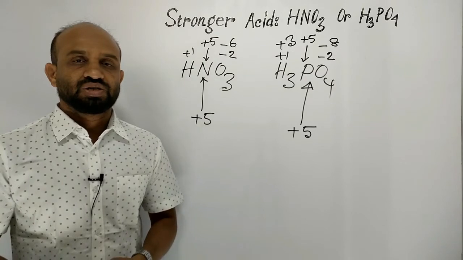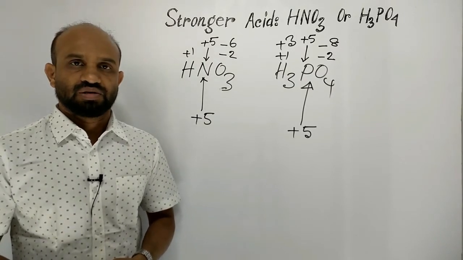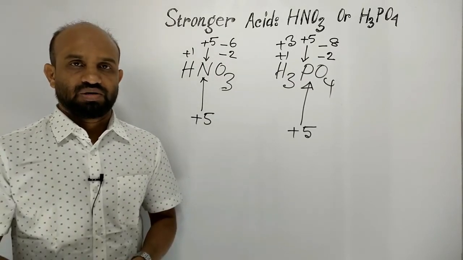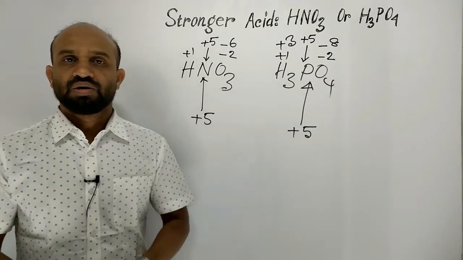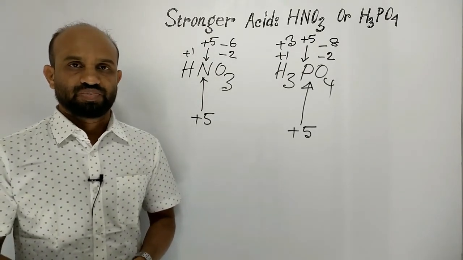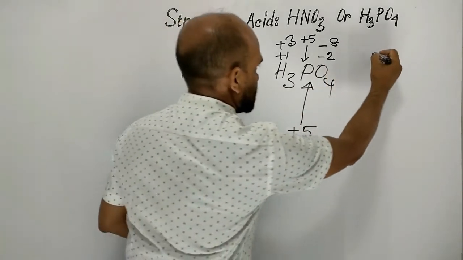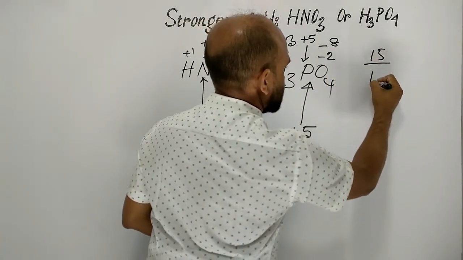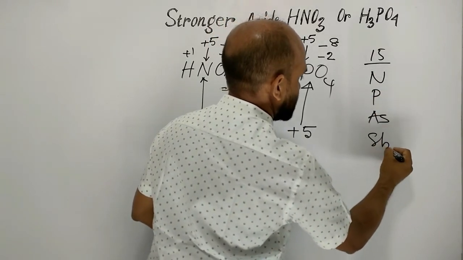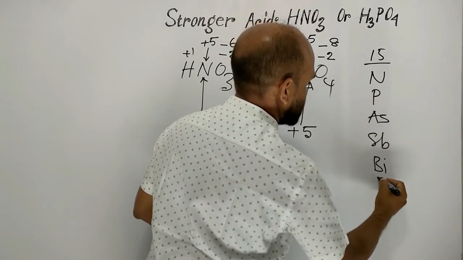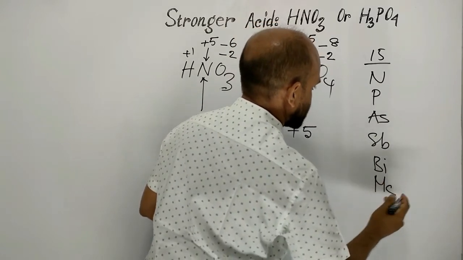Let's see the positions of these elements in the periodic table. Nitrogen and phosphorus belong to column 15. Column 15: nitrogen, phosphorus, arsenic, antimony, bismuth, and finally moscovium.